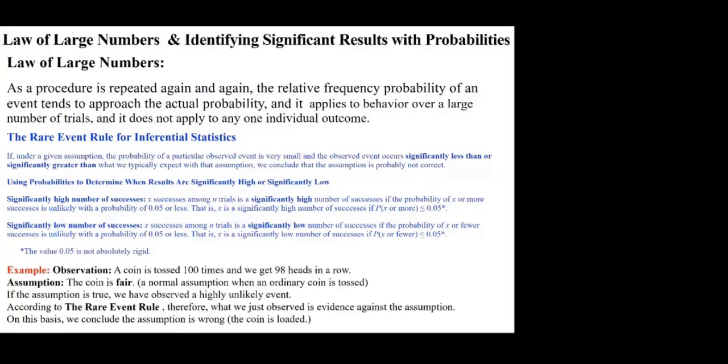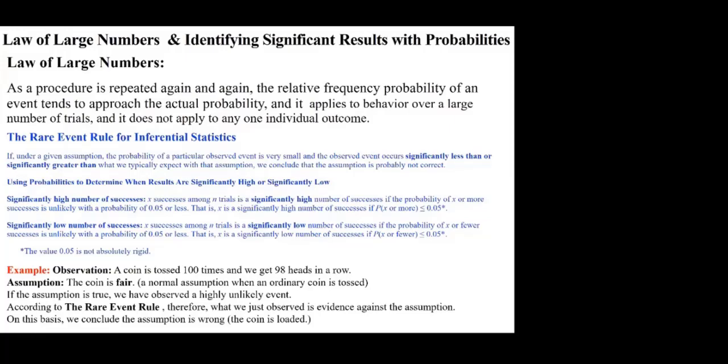So here's another concept of the law of large numbers. A coin is tossed 100 times and we get 98 heads. Assumption: the coin is fair. A normal assumption when an ordinary coin is tossed. Everybody understands the meaning of a fair coin: we expect 50-50.